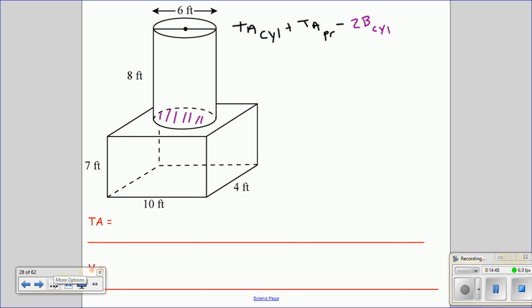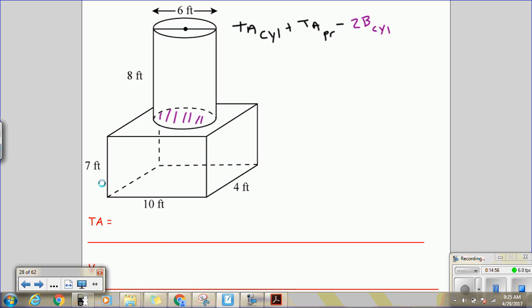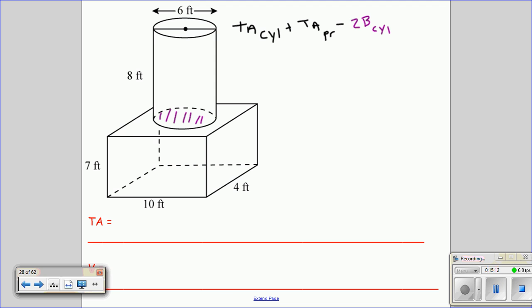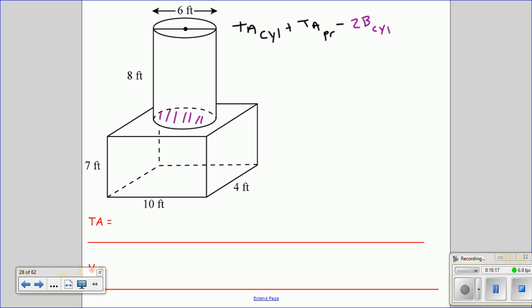Let's look for the total area formula of a cylinder from our chart. For a cylinder, it's 2 pi r h plus 2 pi r squared. So 2 pi r h plus 2 pi r squared was the cylinder.